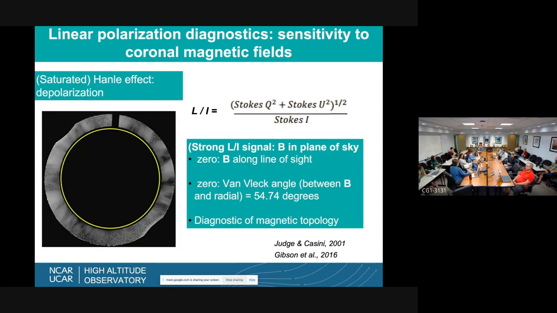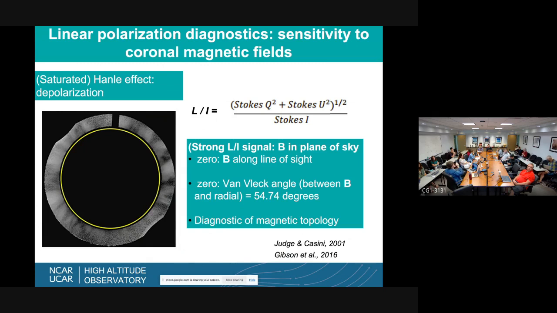Let me dig into that a little bit. Let's talk about that linear polarization diagnostic that we've been looking at all week. This is the saturated Hanle regime, which means the Hanle effect is a depolarization effect, which both depolarizes and rotates the polarization vector in response to the presence of a magnetic field.